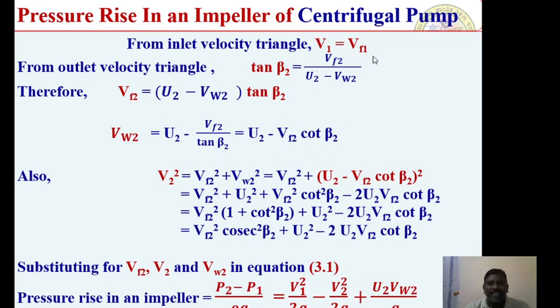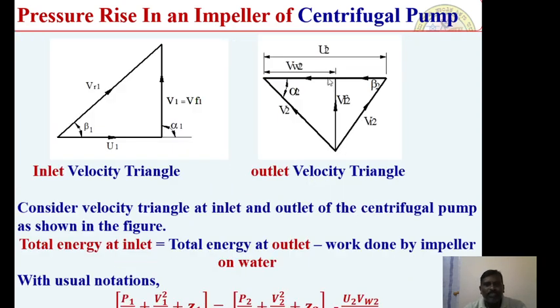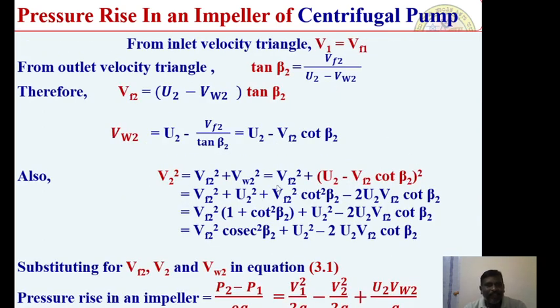V1 I can express as Vf1. And from the same velocity triangle, I can write V2 square is equal to Vf2 square plus Vw2 square, from this right angle triangle. In that connection, V2 square is equal to Vf2 square plus (U2 minus Vf2 cot beta 2) whole square. You solve this expression: Vf2 square plus U2 square plus Vf2 square cot square beta 2 minus 2 U2 Vf2 cot beta 2.